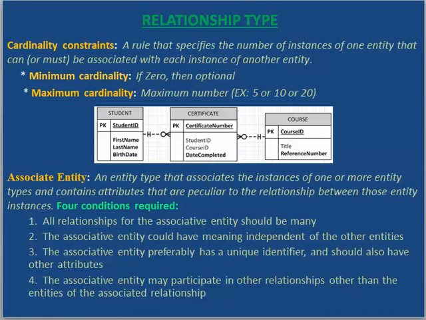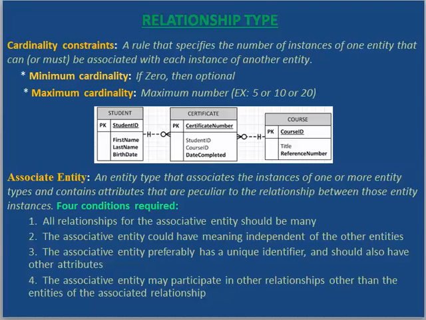If zero, then we have optional. Maximum cardinality is the maximum number. So we can see the example. For student, we have minimum and maximum of one. For certificate, we have optional zero and many.